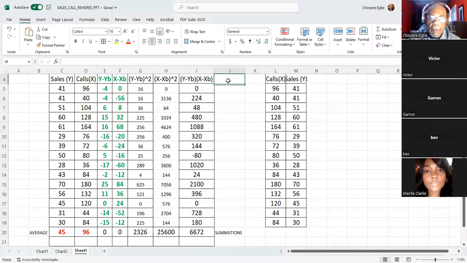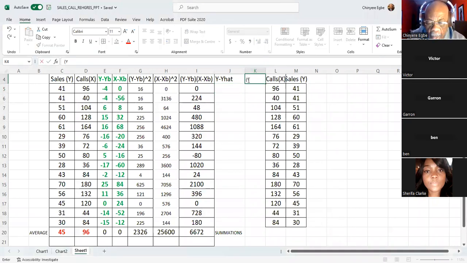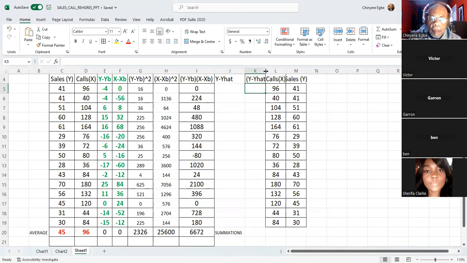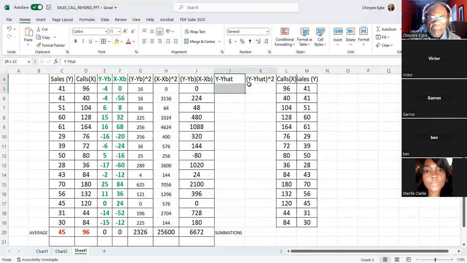So I'm going to calculate Y minus Y hat, and this will be Y minus Y hat squared, to the power 2.